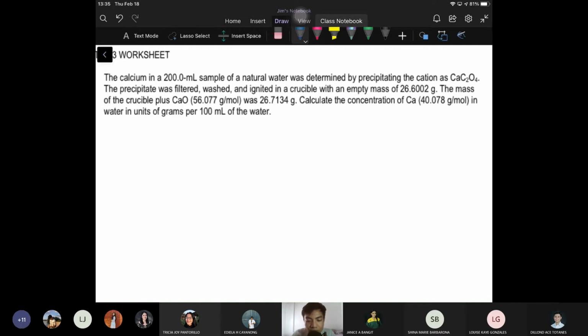The mass of the crucible plus calcium oxide was 26.7134 grams. Calculate the concentration of calcium in water in units of grams per 100 ml of the water.